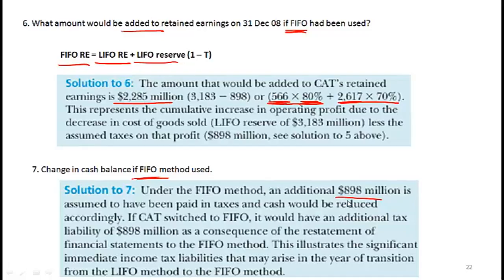We just calculated this in question number 5. So because of that tax, what will happen to the cash balance? It will come down by this much. But as you might expect, this is just purely analytical. Companies don't just change from FIFO to LIFO.